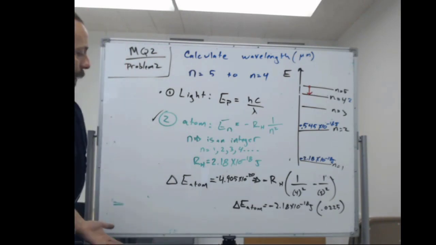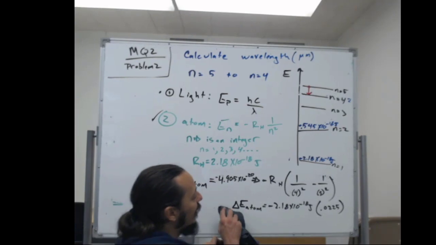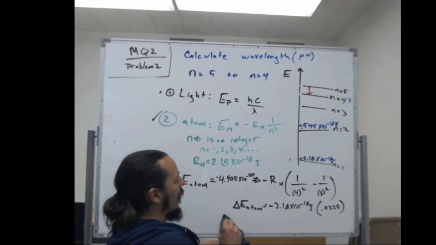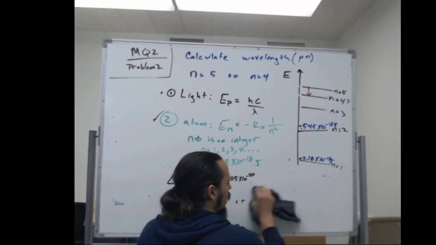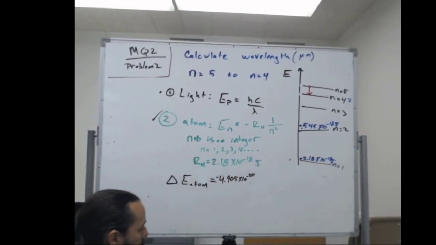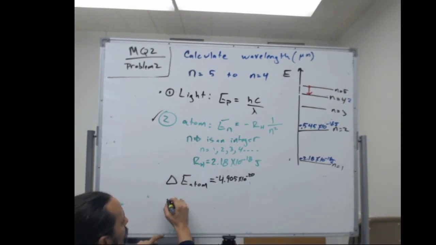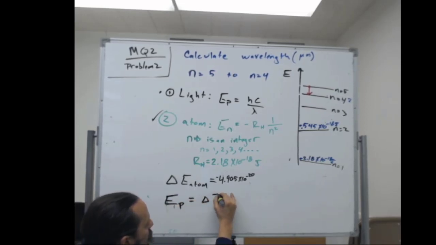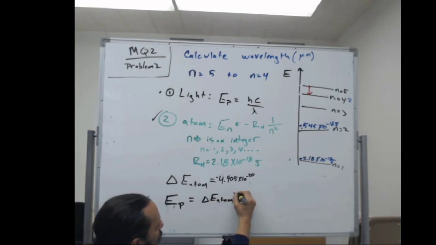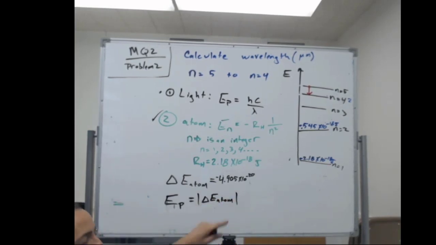Whoa. So one of the things we have to realize, though, is light is not going to have a negative energy associated with it. The atom is losing energy, and we're getting the energy of a photon equal to the energy of an atom. But the photon energy always has to be positive, so I'm going to take an absolute value.